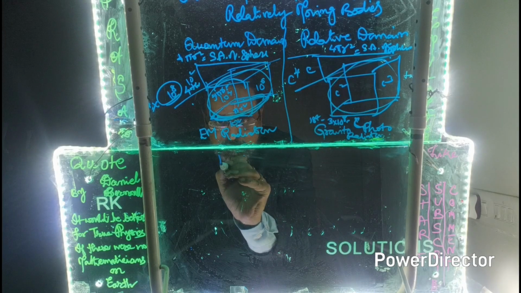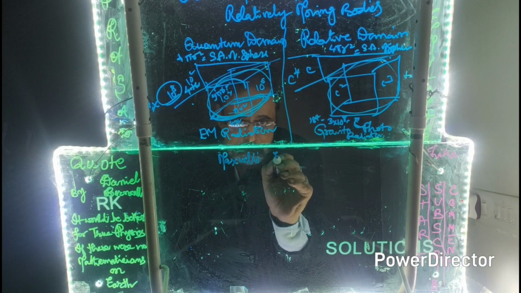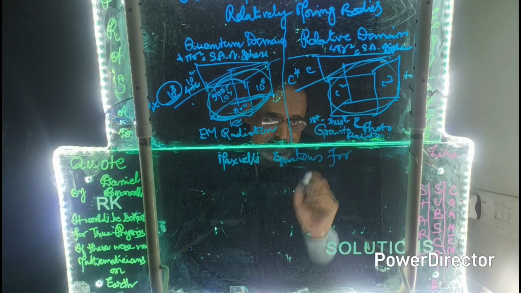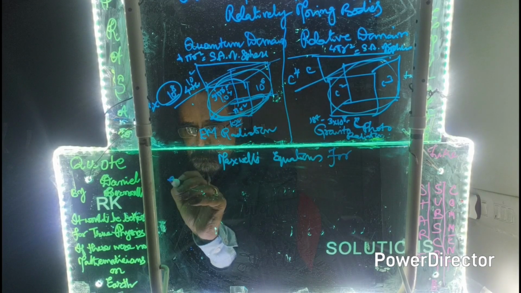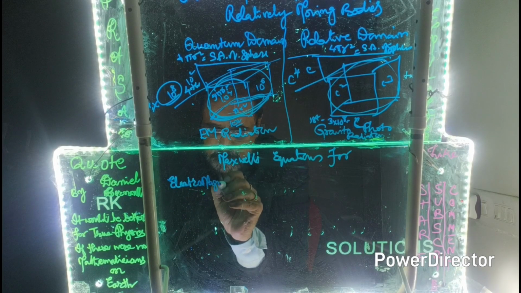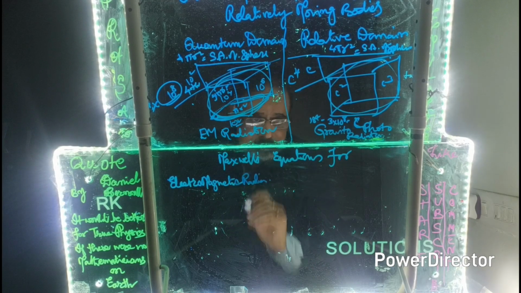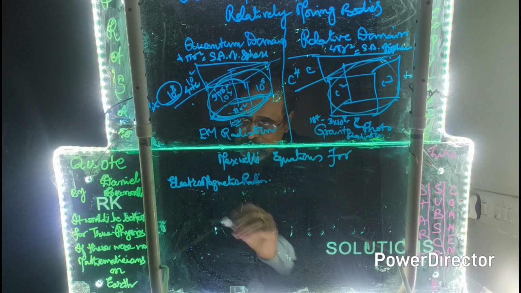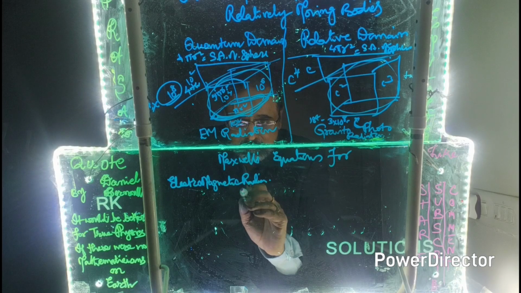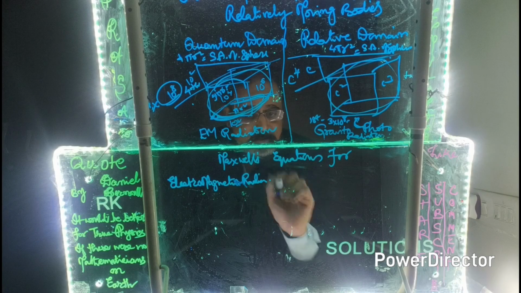Now, next we'll go to Maxwell's equations. Maxwell's equations are for electromagnetic radiation, or you can say classical electromagnetism.